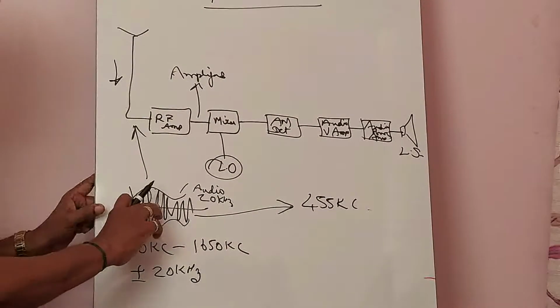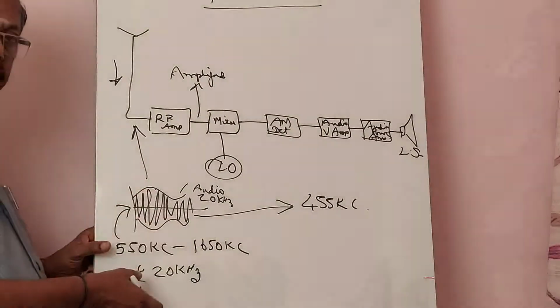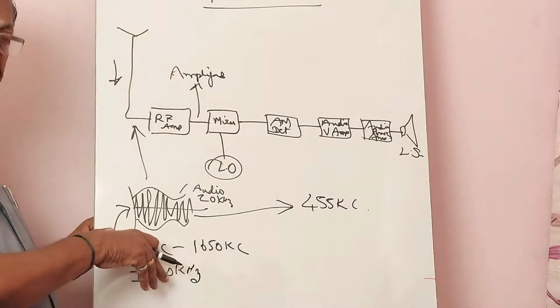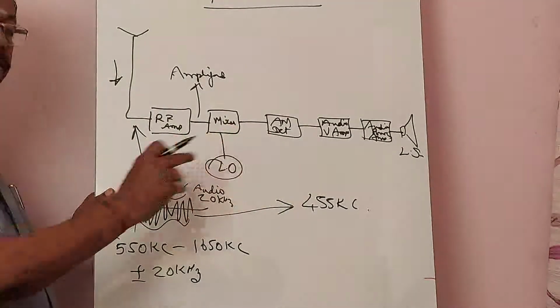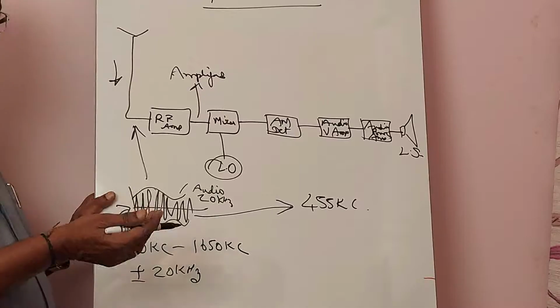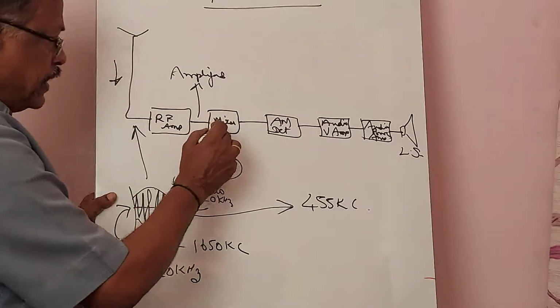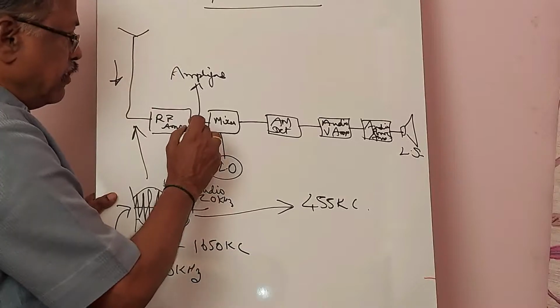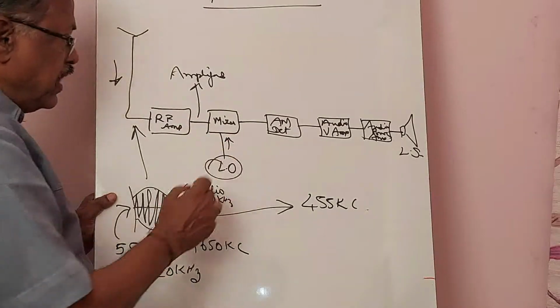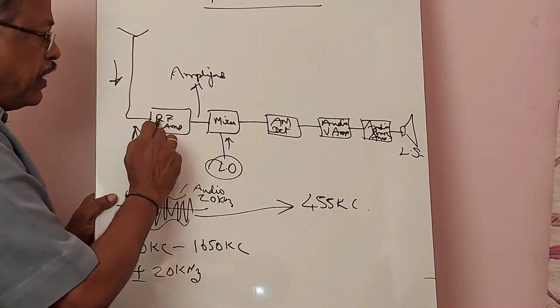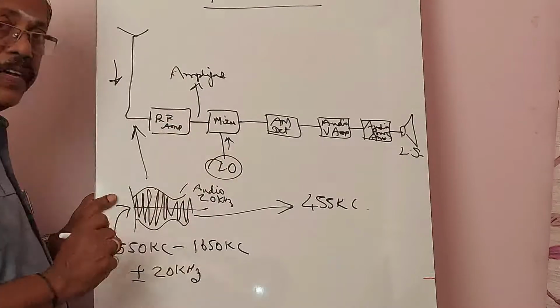The same waveform, but the inside frequency is changed. Whatever station you receive will be converted to a common frequency of 455 with the envelope as the modulating signal. Therefore, this mixer will mix a local oscillator signal and the amplified RF signal from the RF amplifier.